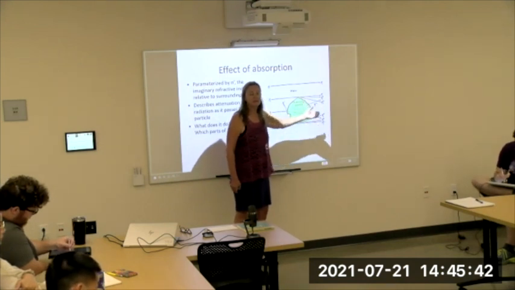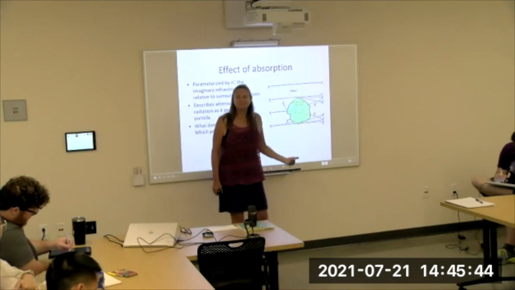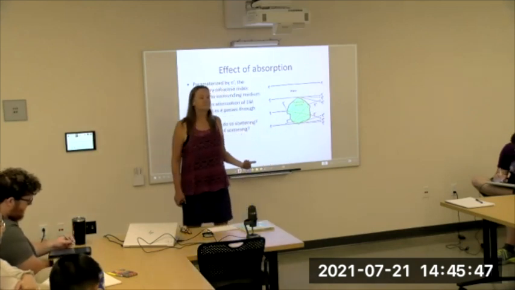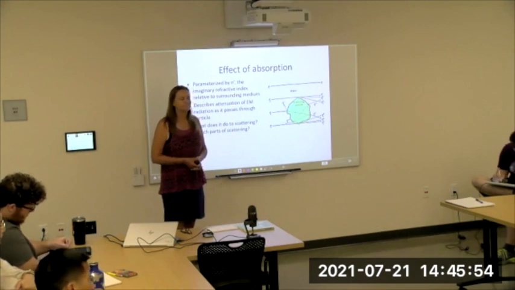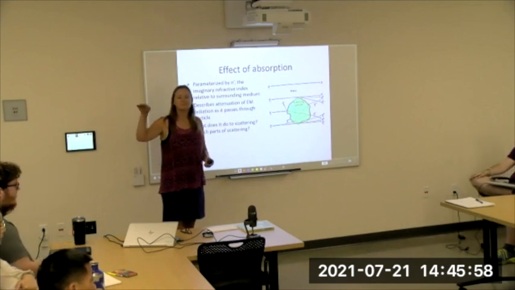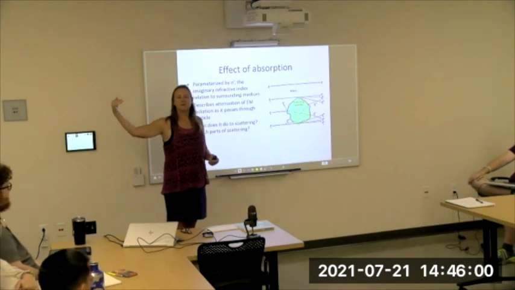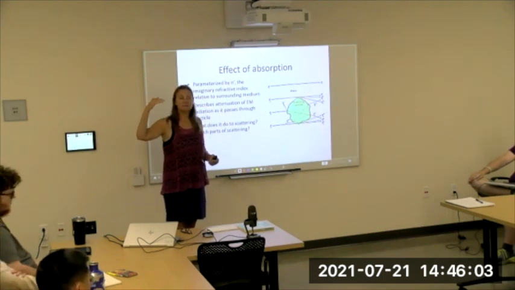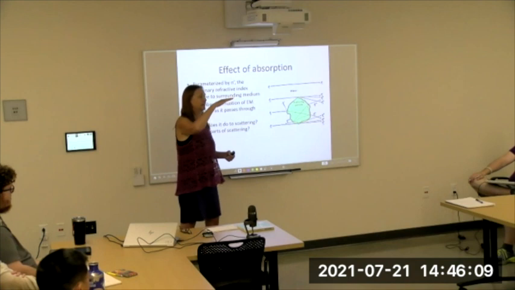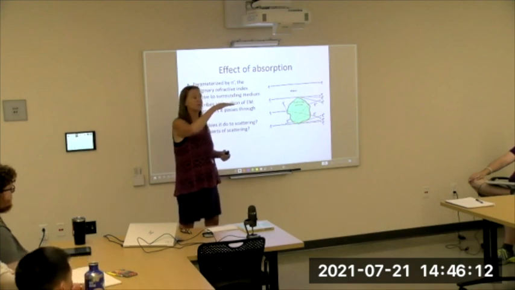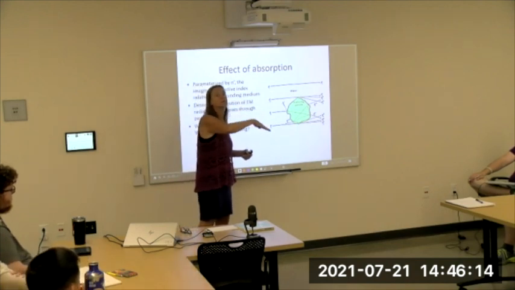So if you were plotting your scattering spectrum, what's it going to look like? Flat, heading to 440 it's going to have a dip. And heading into the green, it's pretty high because it's not being absorbed. And then you head to the red and this comes back.